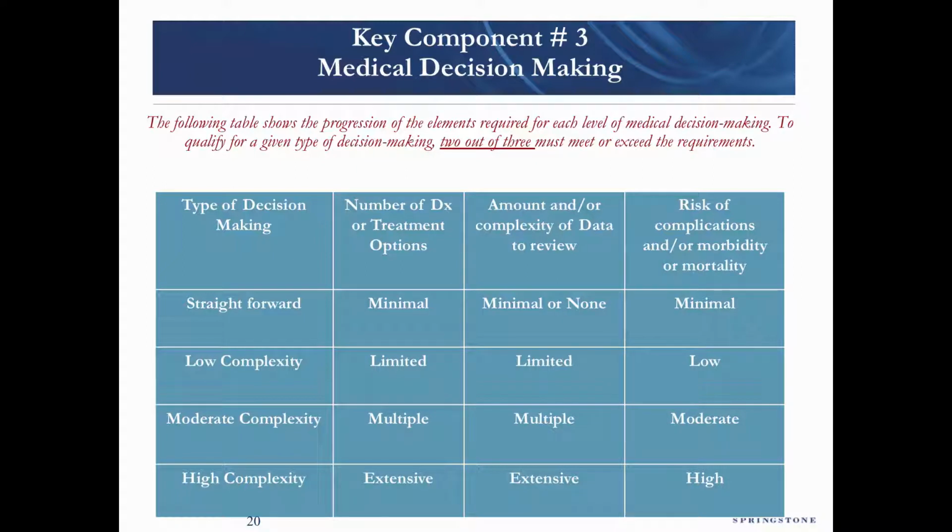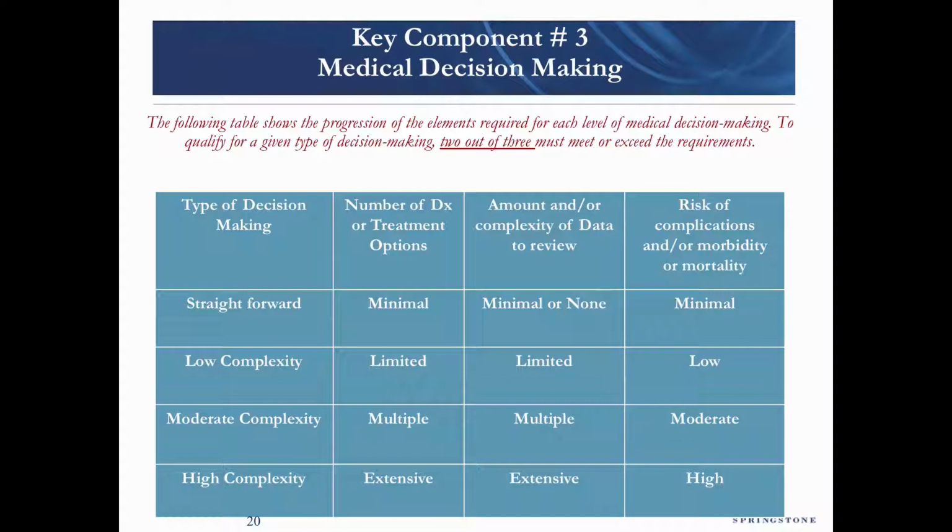Straightforward through high complexity medical decision making. And then if you look across the top, you'll see 3 additional columns. You need 2 out of 3 of those columns to meet or exceed the requirements in order to bill at that level. So let me explain.